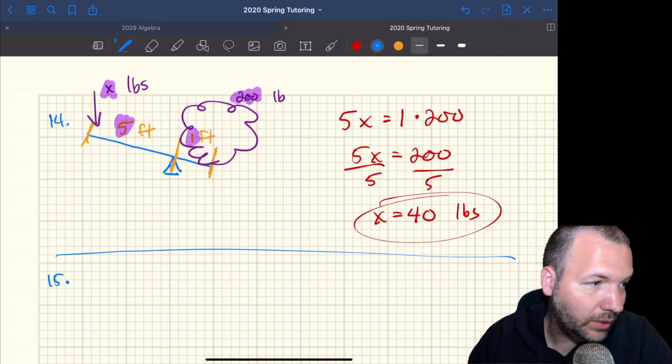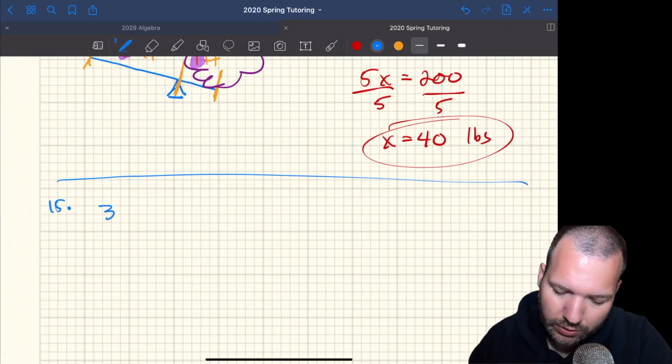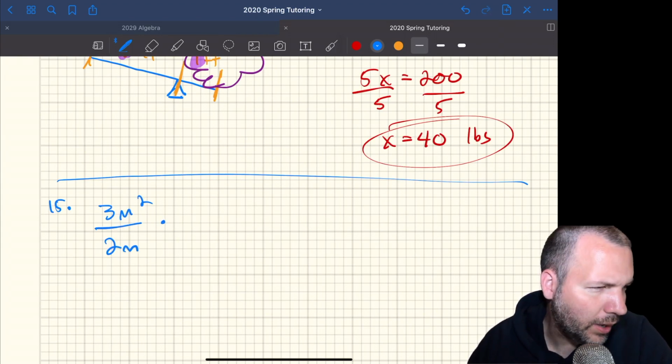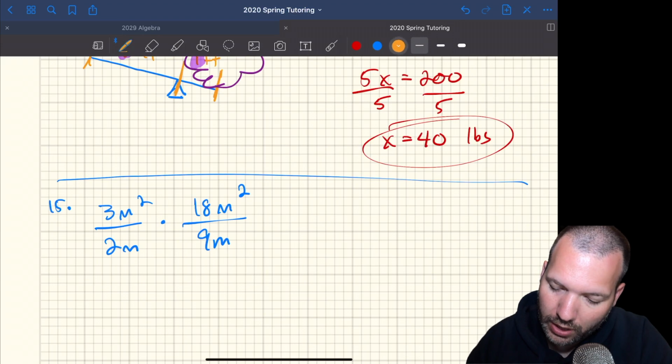Number 15. Find each product. Okay, 3m squared over 2m. Definitely some things we can cancel here. Times 18m squared over 9m. I don't want orange anymore.